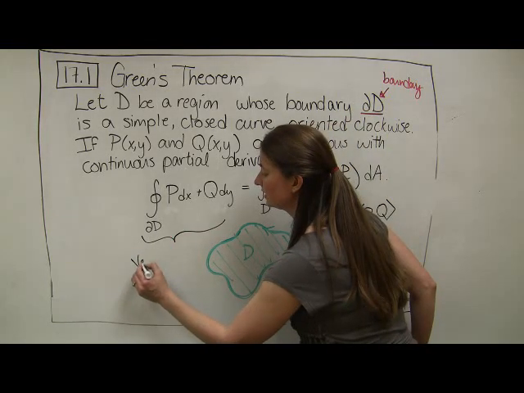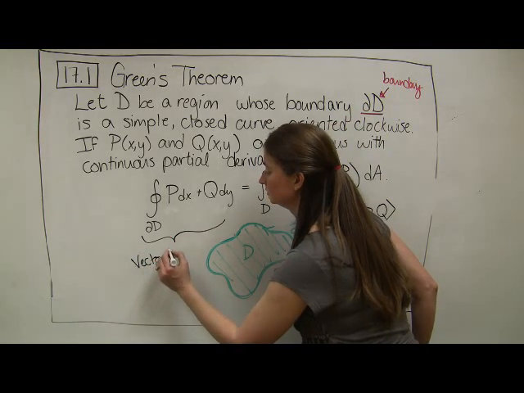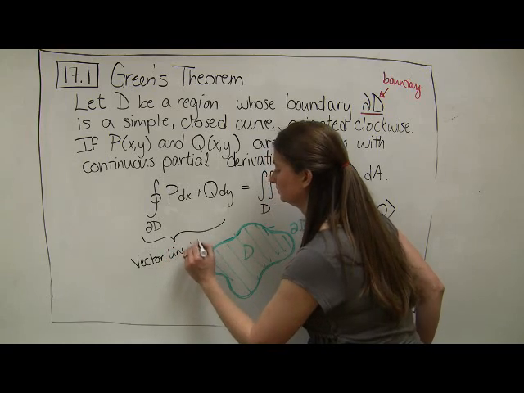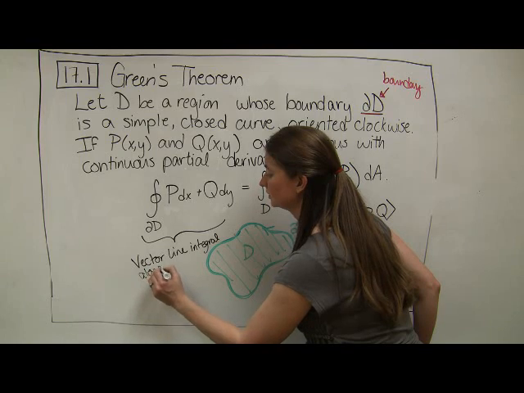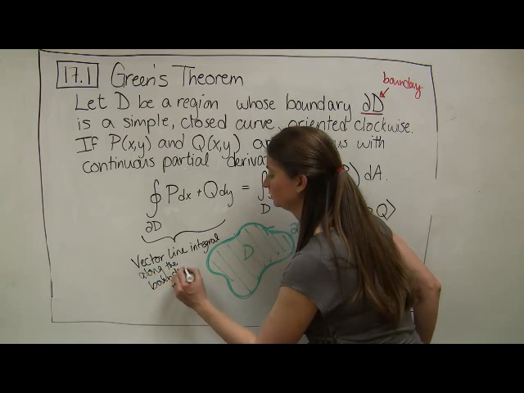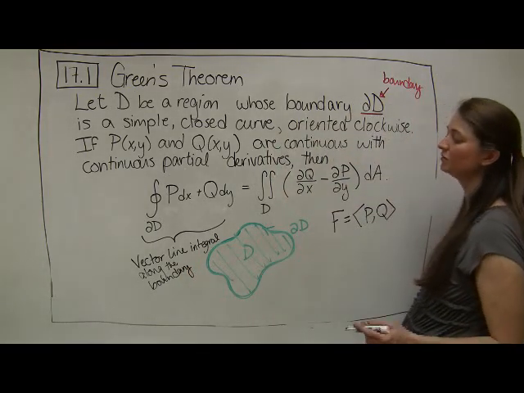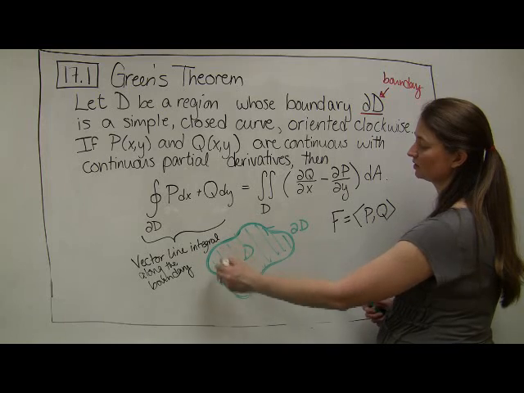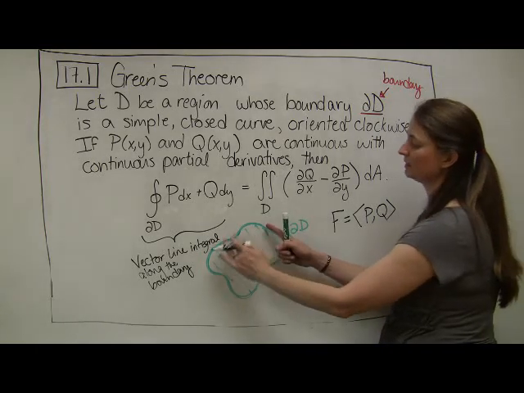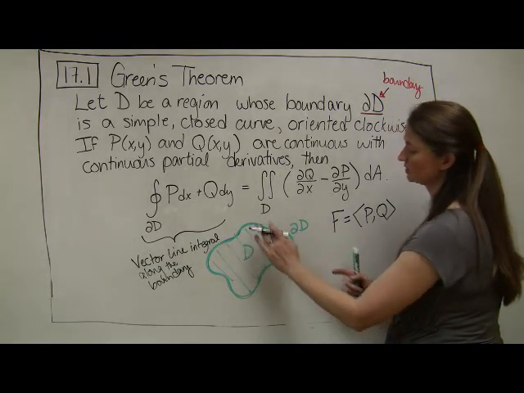This is the vector line integral along the boundary. And recall, one way to think of that is if F is some vector field that has all of these force vectors, that it's summing up the amount of work that I did to get around in a circle.